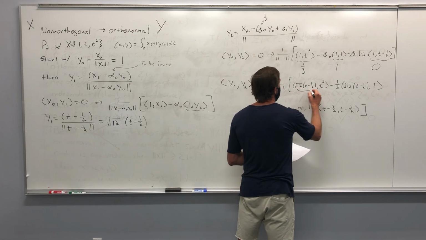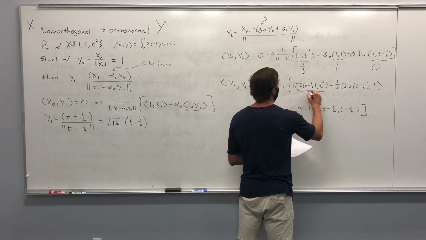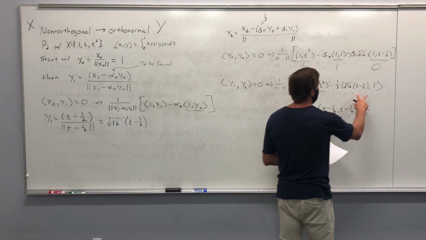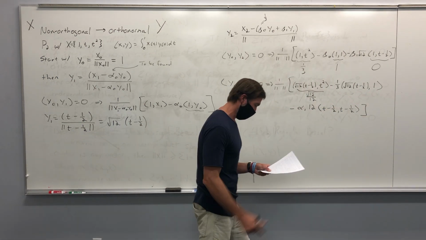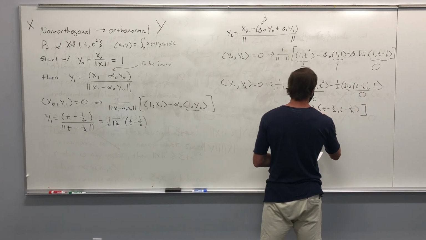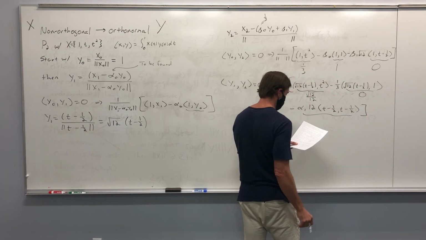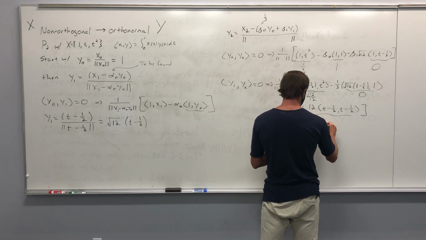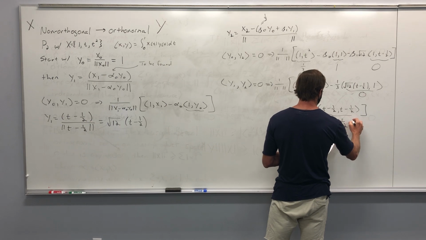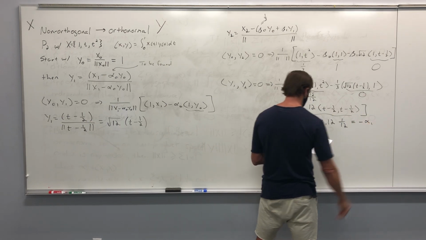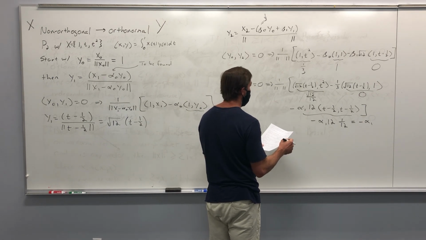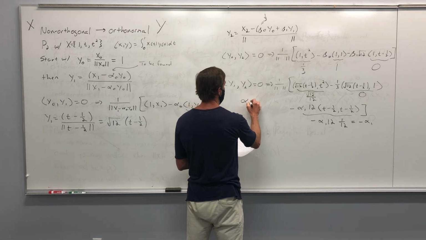I don't actually expect you to work it out. This is going to give me root 12 over 12. What is this equal to? 0. Thank you very much. And then what is this equal to? Minus alpha 1 times 12 times 1 over 12.